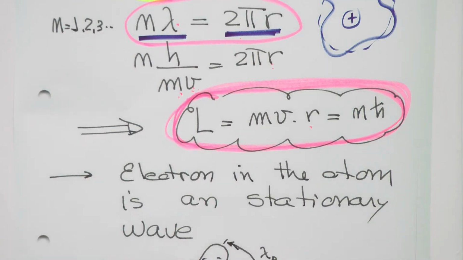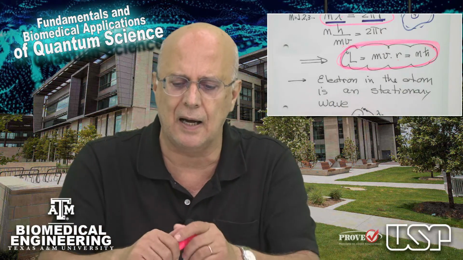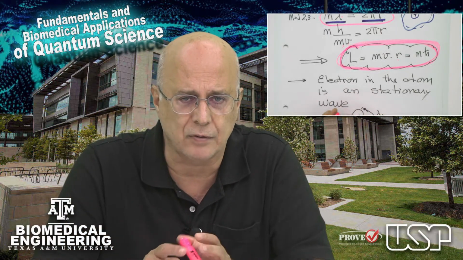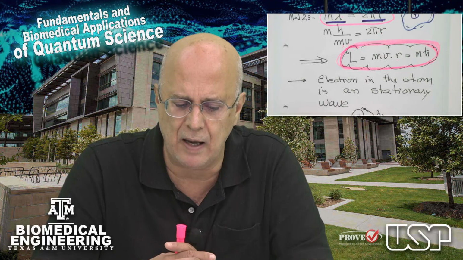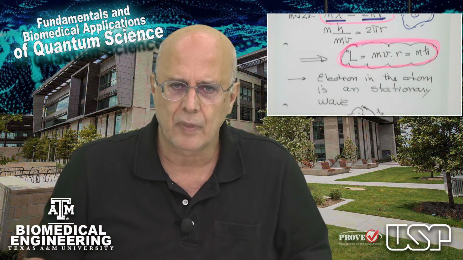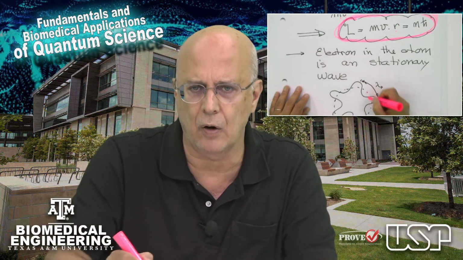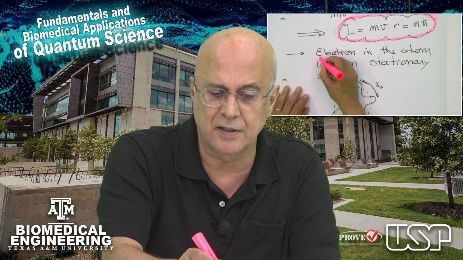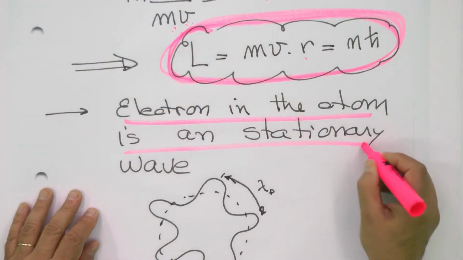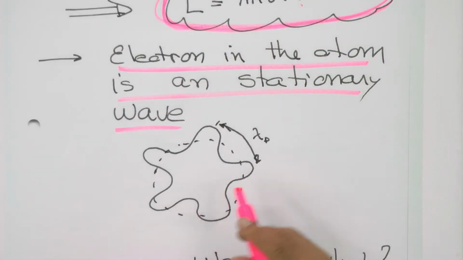So, what Bohr observed for the existence of the electron orbits in the atom is actually a consequence of the electron being a wave going around the atom somehow. It's a stationary wave, or a standing wave on the orbit. And this stationary wave cannot have any configuration.